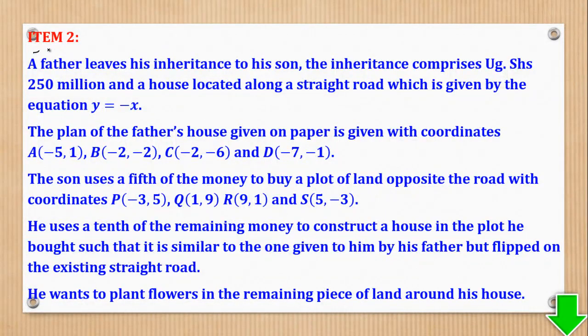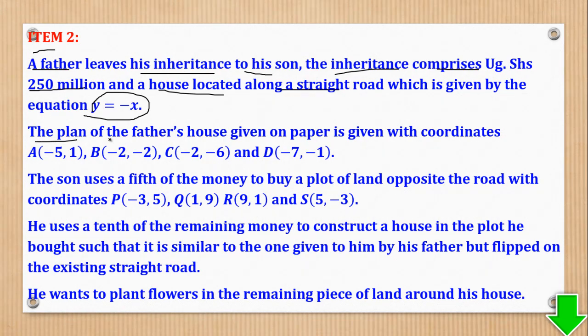Item 2 says, a father leaves his inheritance to his son. Okay, the inheritance comprises of shillings 250 million and a house located along a straight road, which is given by the equation y equals negative x.